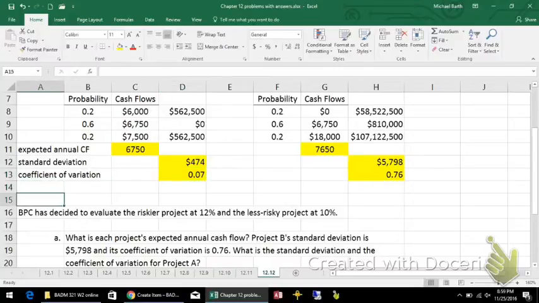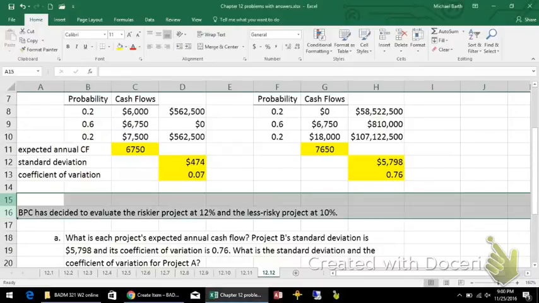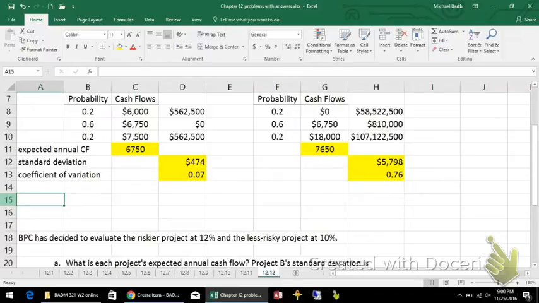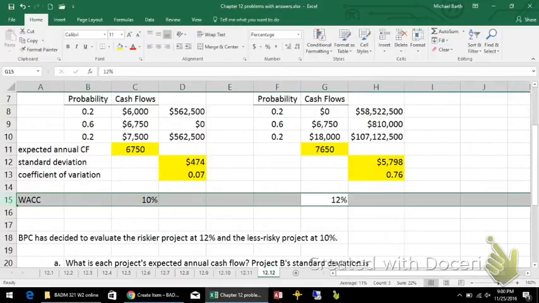So BPC wants to evaluate these projects using risk-adjusted discount rates. They use a weighted average cost of capital for this project, since it's less risky, at 10%, and for this project it's going to be 12%.